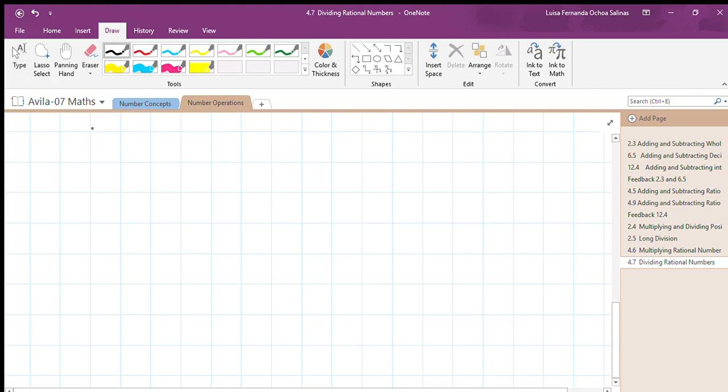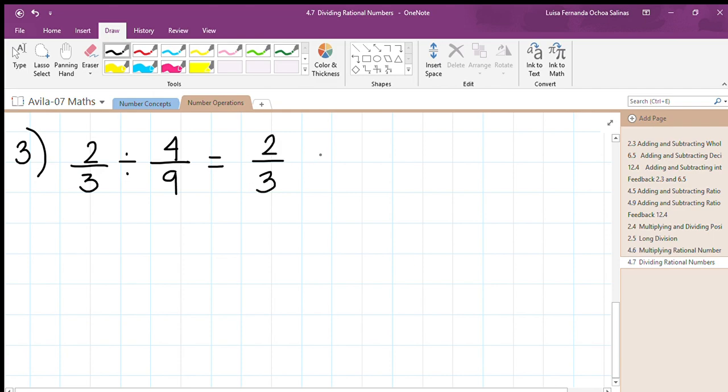Okay, so our third example is going to be 2/3 divided by 4/9. So stay, 2/3, change, multiplication, flip, 9/4.